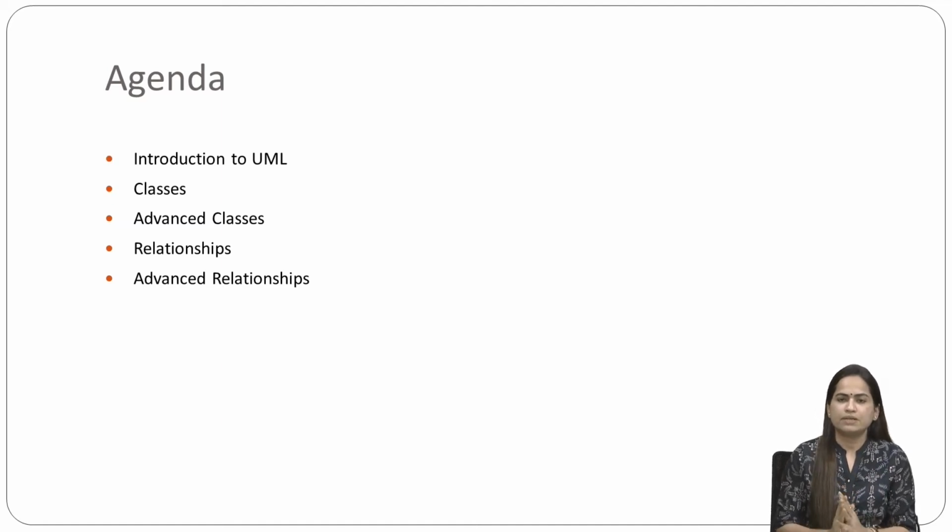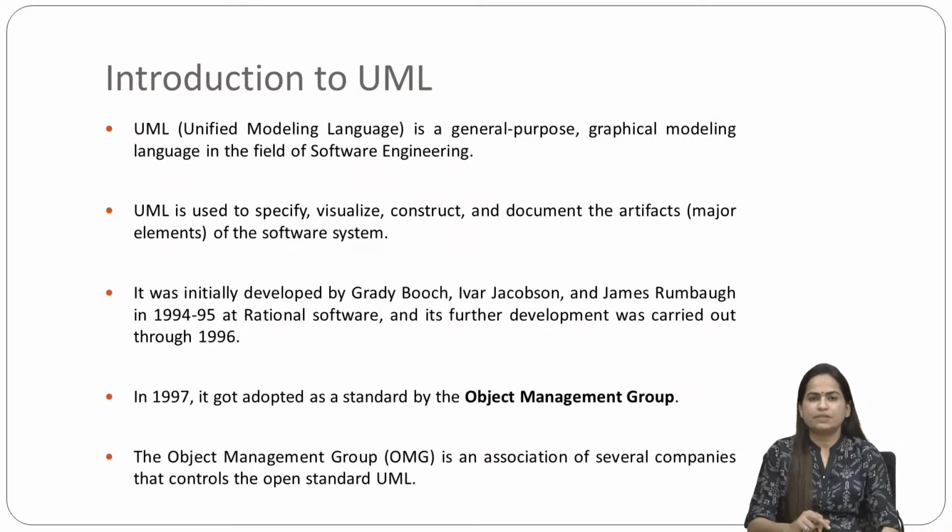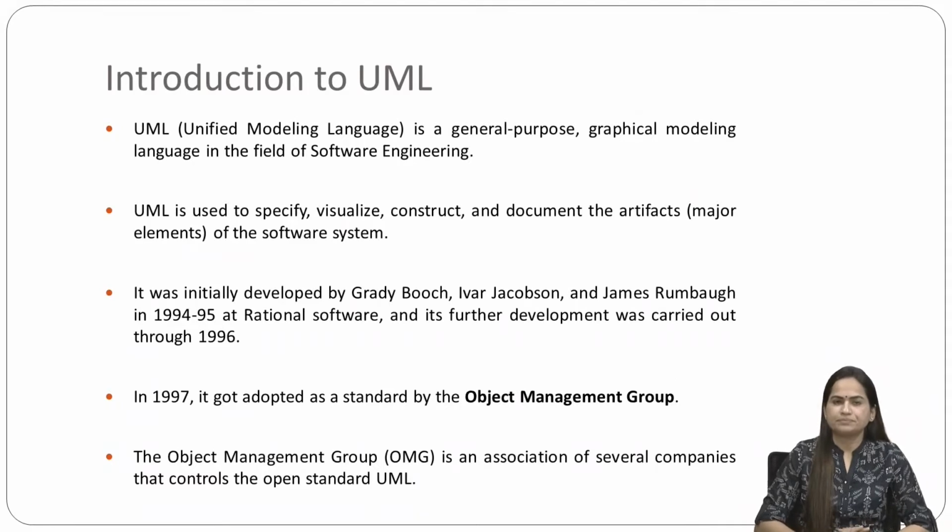In today's lecture, we are going to discuss introduction to UML, then classes, advanced classes, relationships, and advanced relationships. So let us start our discussion with introduction to UML. Now UML means Unified Modeling Language.